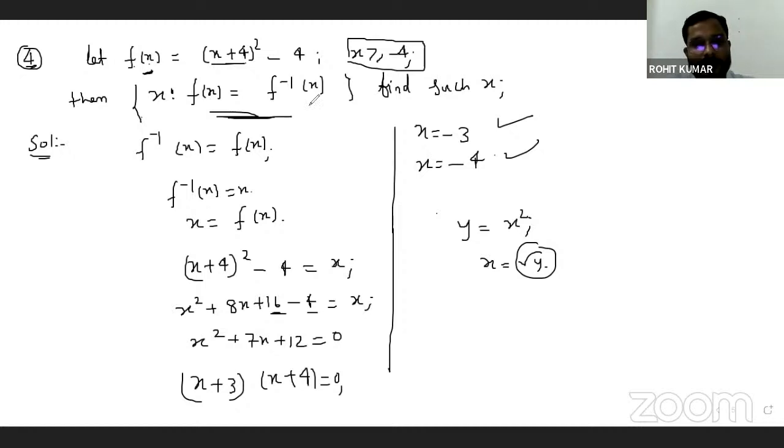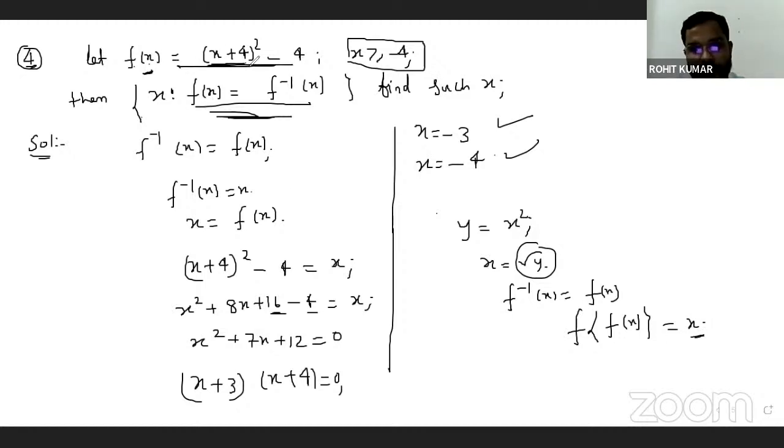F of x is also given as f inverse x. So when you take this, f of f(x) will be equal to x, right? You can put this value of f(x) here, and then you can try from there.